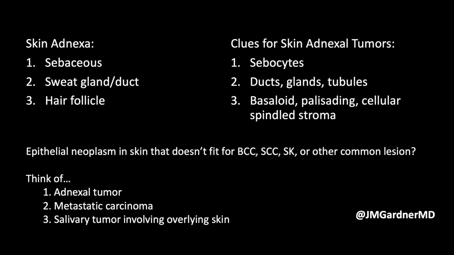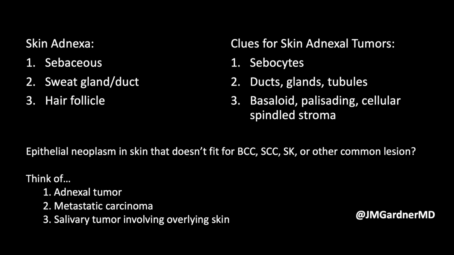I guess I should have put that first in the list here, but I think of skin adnexal tumors, metastatic carcinomas, and also in the setting of the head and neck, I always want to think about, could it be a salivary gland tumor that's pushing up into the skin from the underlying parotid or the submandibular gland, or even one of the minor salivary glands if it's on the lip, for example.